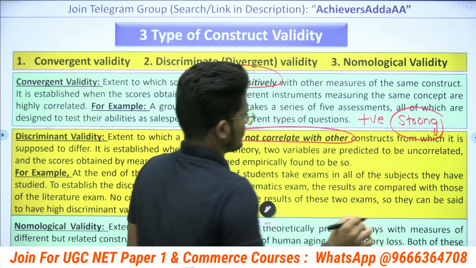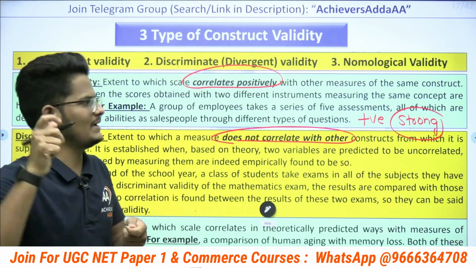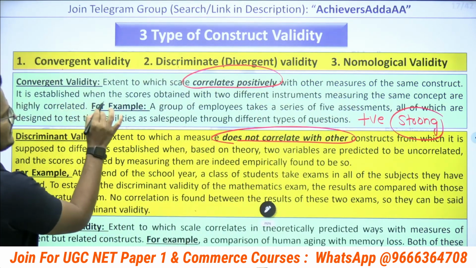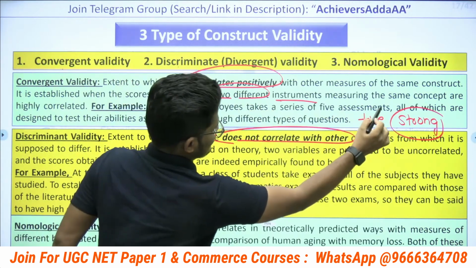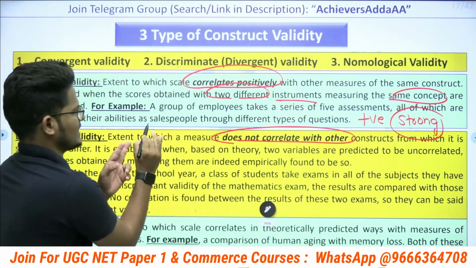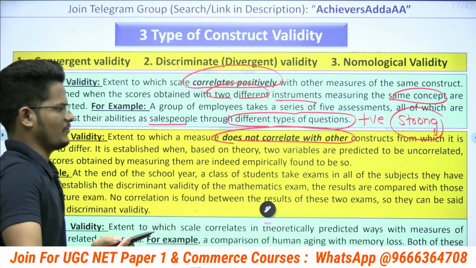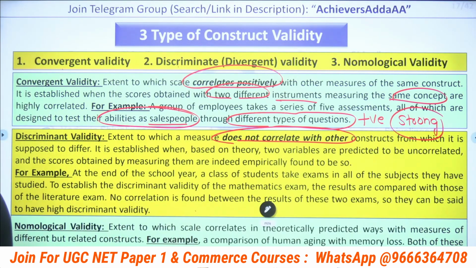Because we are using the same concept with other measures of the same construct, and when scores are obtained from two different instruments measuring the same concept, here the concept is the same: salesperson ability. We are measuring with different types of questions, but it is the ability of a salesperson only that we wanted to know.